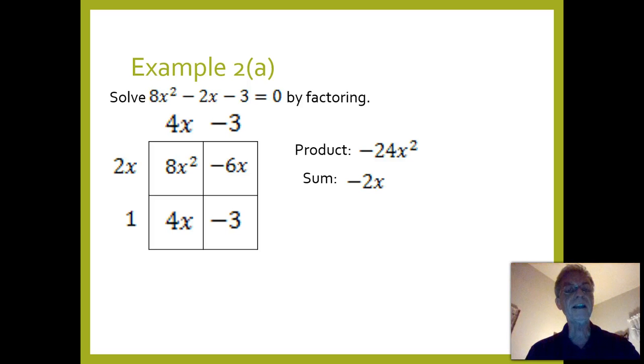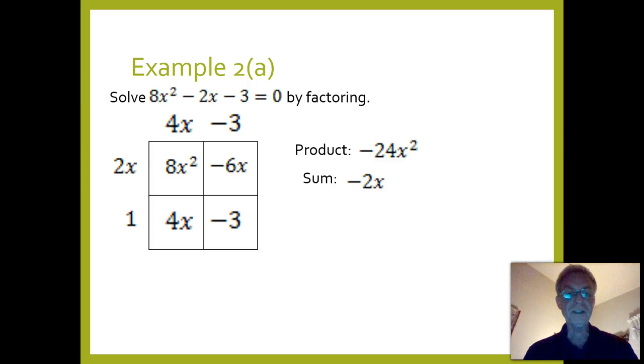Going up the columns, in the left column, you're going to find that the 4x is in common between both of those, so we put a 4x up here. And in the right column, you're going to find that you have a 3 in both of those. The box at the upper right is negative, so that means the 3 is negative.